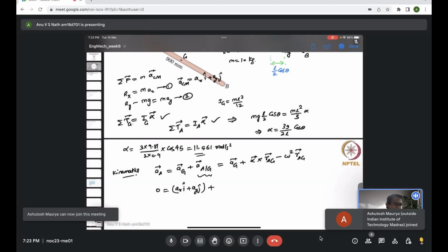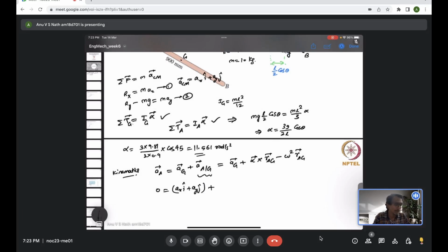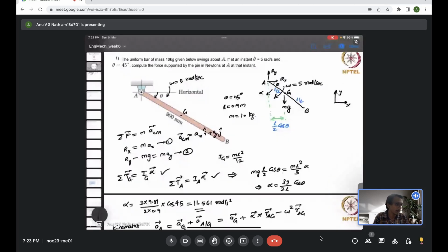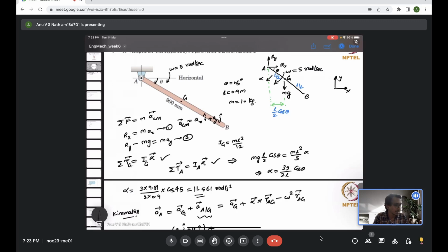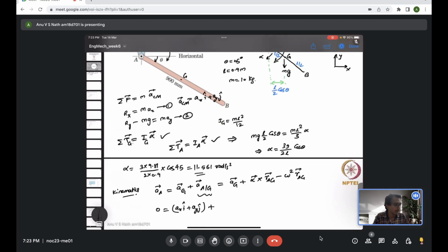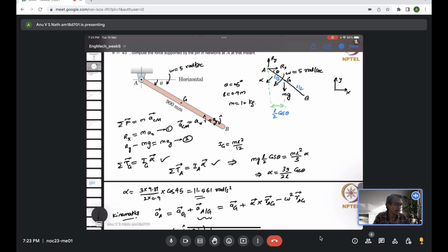Plus the alpha vector. If you see here, we have evaluated the magnitude of alpha to be 11.561 radian per second square, but the alpha vector is actually acting clockwise. Because we have chosen the coordinate system to be right handed, as I have shown here, the k vector, the x cross y vector, will be out of the plane coming towards you.